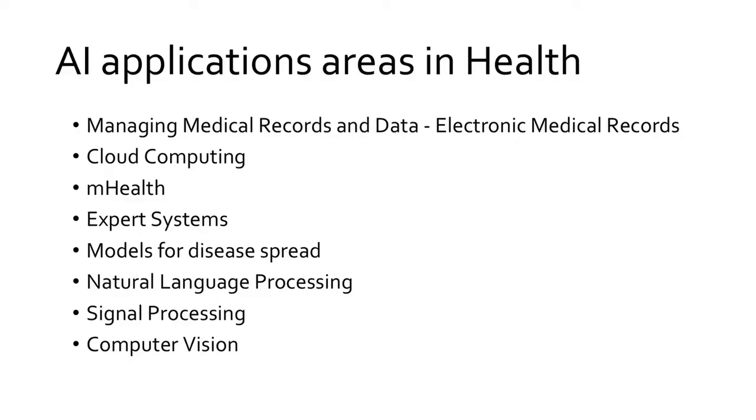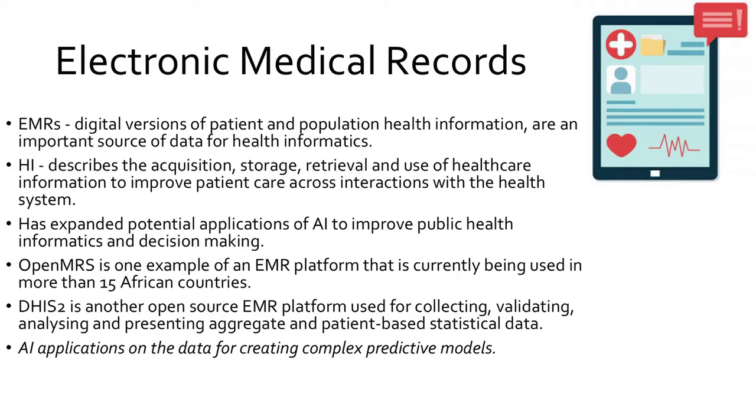So we have electronic medical records. Right now we are trying to embrace this, and many of our hospitals are embracing the use, for example, of technologies like OpenMRS and DHIS2 for collecting, validating, and analyzing aggregate data and patient-based statistical data. So in terms of AI, what can we do? We can look at building AI applications on top of this data for complex predictive models.